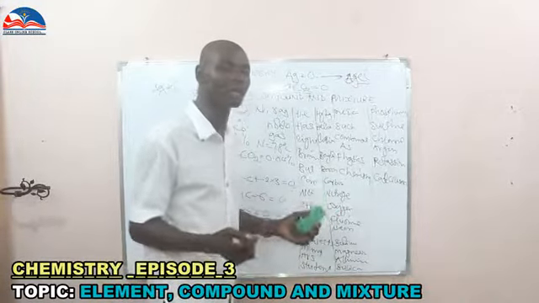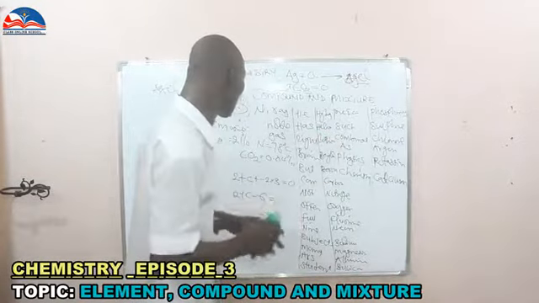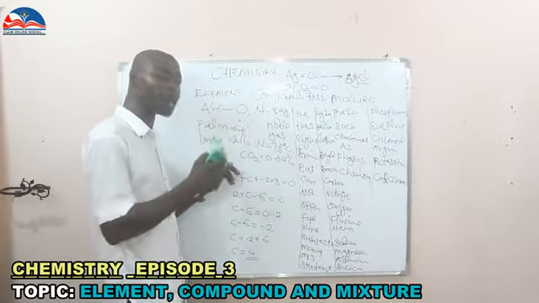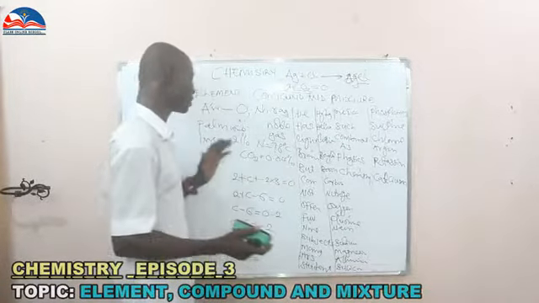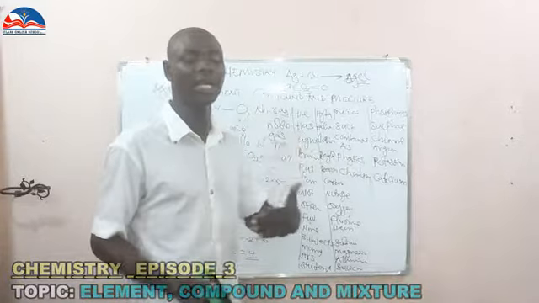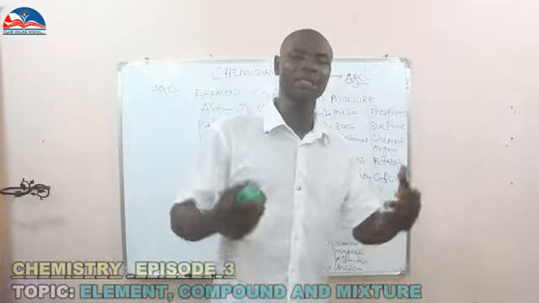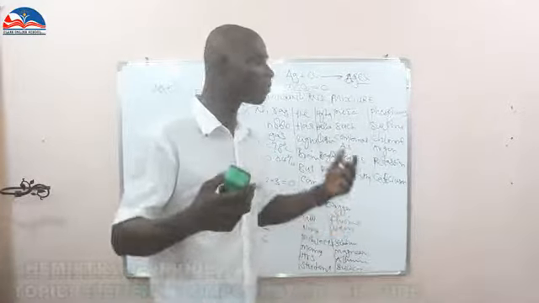All of them are physically bound together, and because they are physically bound together, they can be separated by physical means. So that makes it a mixture. These are elements that combine together by physical means, and you can separate them by a physical process.